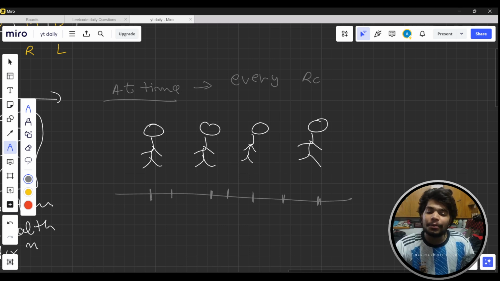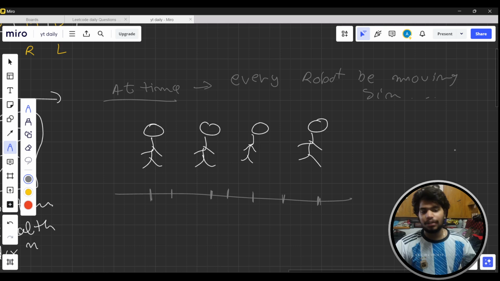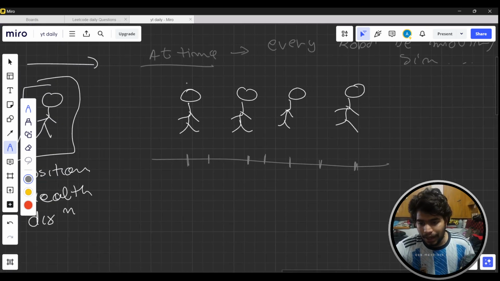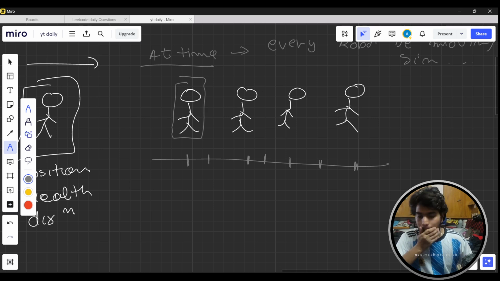Every robot will be moving simultaneously. Which means, let's say, if I have this robot and this robot, if I have four robots.